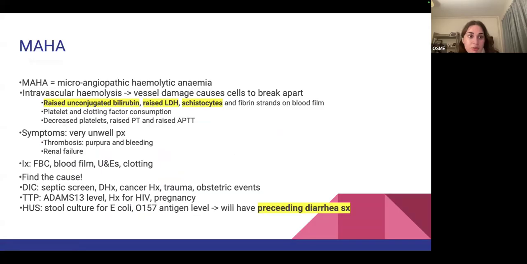The last thing to remember is that there are microangiopathic hemolytic anemias, and this is a type of intravascular hemolysis that happens effectively in the context of infection or platelet dysfunction.